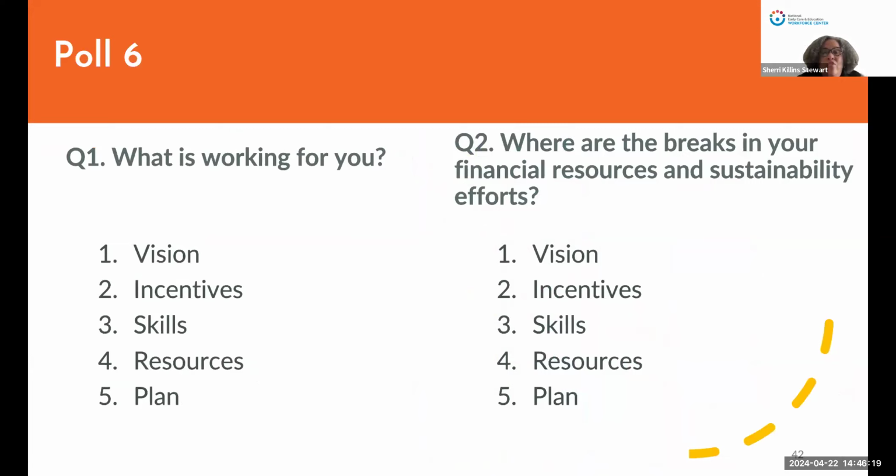So I'm going to go to a poll and ask you what's working for you. And then question 2 is where are there breaks in the financial resources and sustainability efforts? So what part do you feel your community, your state, your region has got well? And then where are there breaks in that vision?